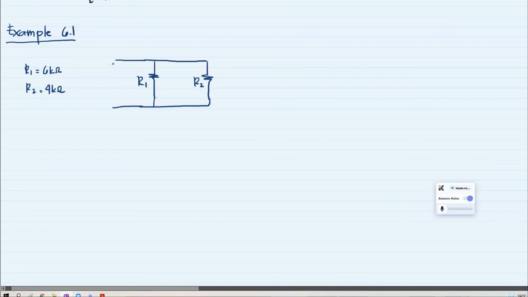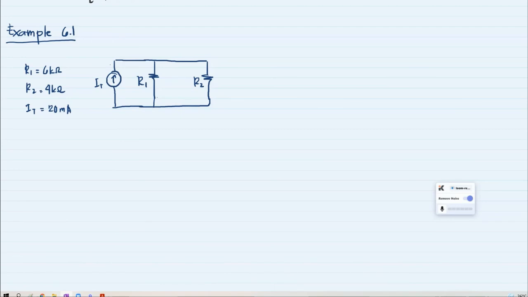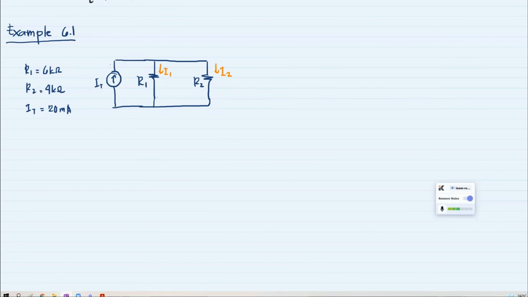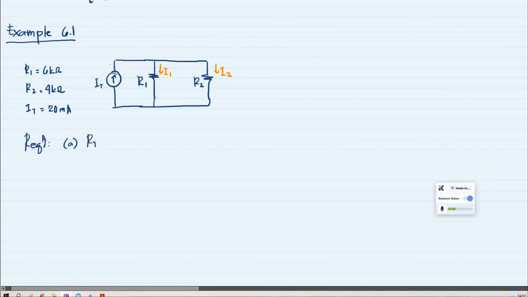R1 is equal to 6K ohm, R2 is equal to 4K ohm, and we have a supply current equal to 20 milliamperes. Let's solve for I1 and I2. We will use the CDT later, but since we are here, we will solve RT as well. So, what is required is A, RT, B, I1, C, I2.